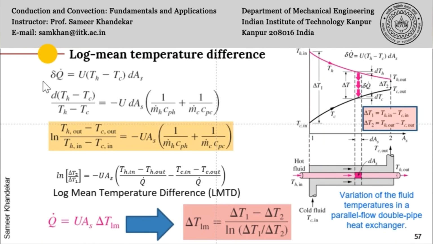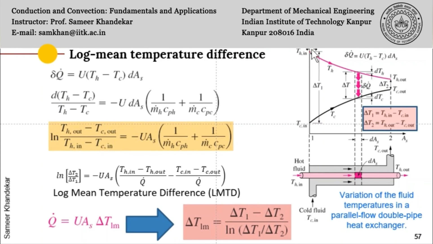And therefore, if you substitute this del Q dot in the energy equation, you will straightforwardly get the logarithmic mean temperature difference definition, because you can write this as ln of Th out minus Tc out divided by Th in minus Tc in.